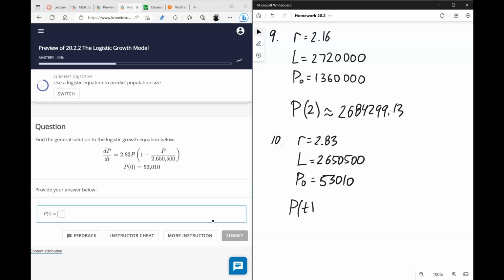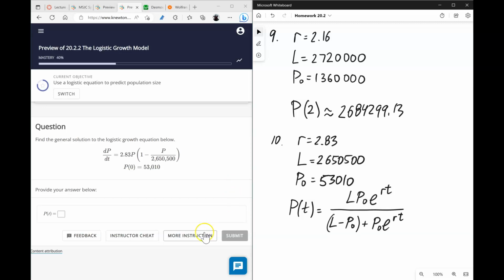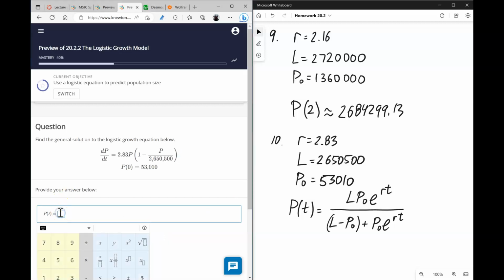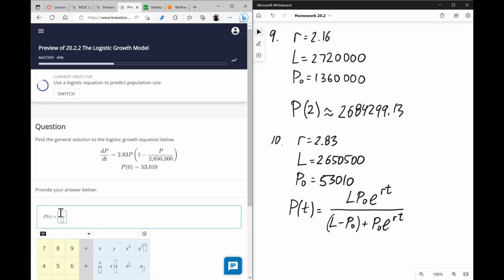We're going to write P of t as L P0 e to the RT divided by L minus P0 plus P0 e to the RT, and I'll just enter it. 2650500 times 53010 times e to the power 2.83t.